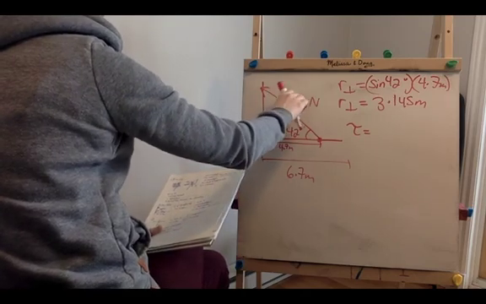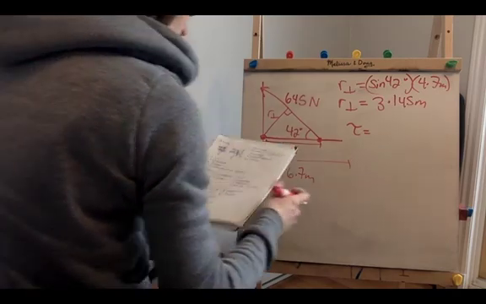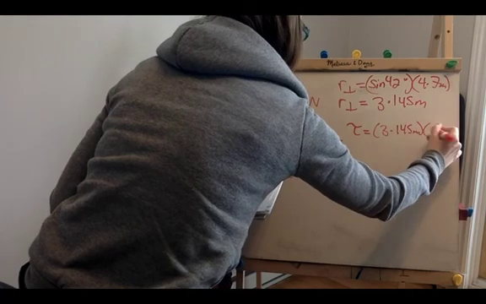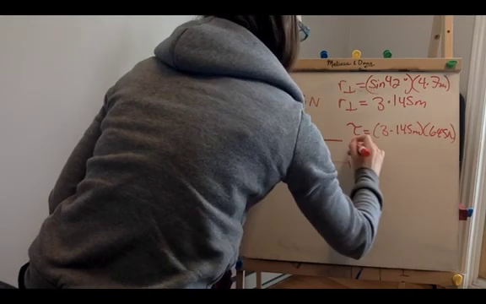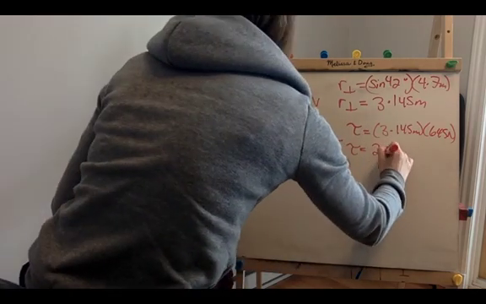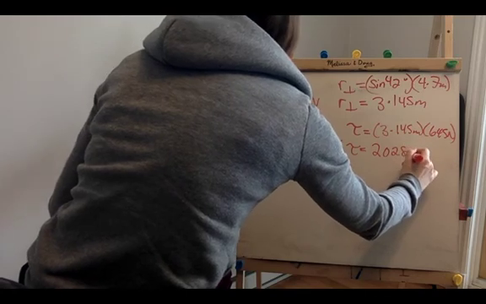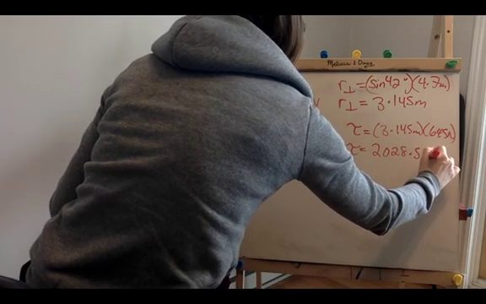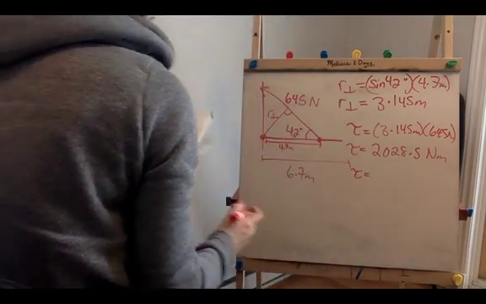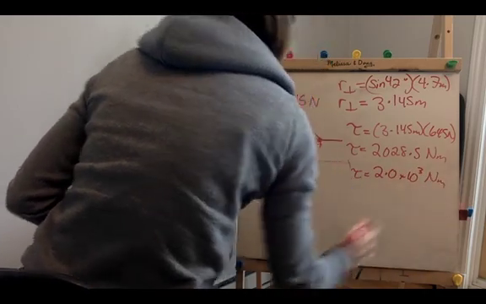Then we're able to find our torque, because now we have the distance of the lever arm that's perpendicular to that force. So when we multiply 3.145 meters by that force of 645 newtons, we end up getting a value of 2,028.5 Newton meters, and with 2 sig figs it's really just 2.0 times 10 cubed Newton meters.